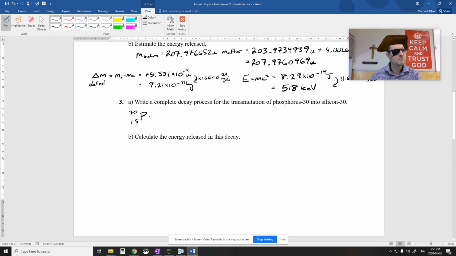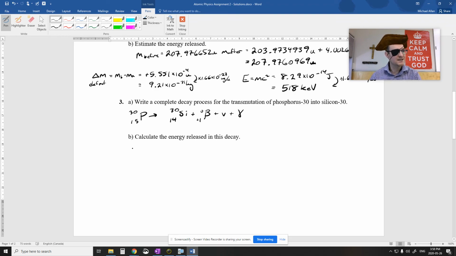Silicon, Si, is 14. So this is beta positive again. Oh, man, I like throwing the beta positive at you. We get the neutrino, because remember the bottom numbers had to add up to 15. I got a neutrino, and I get the gamma.